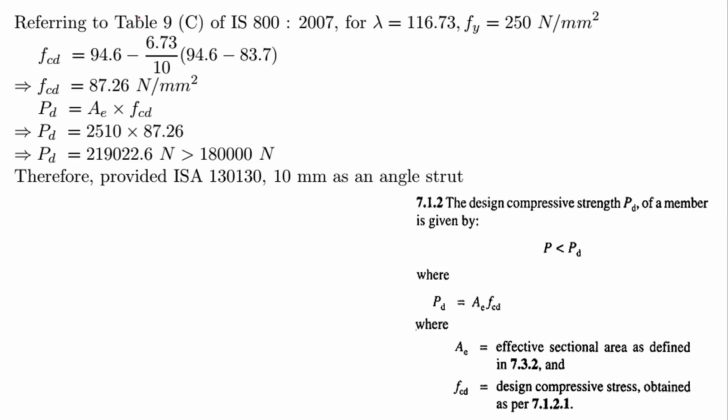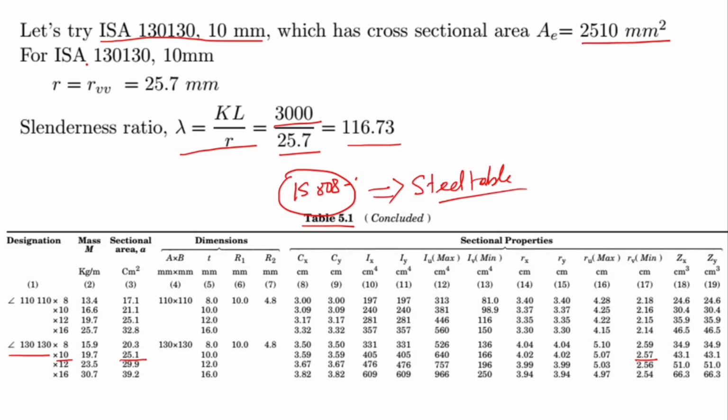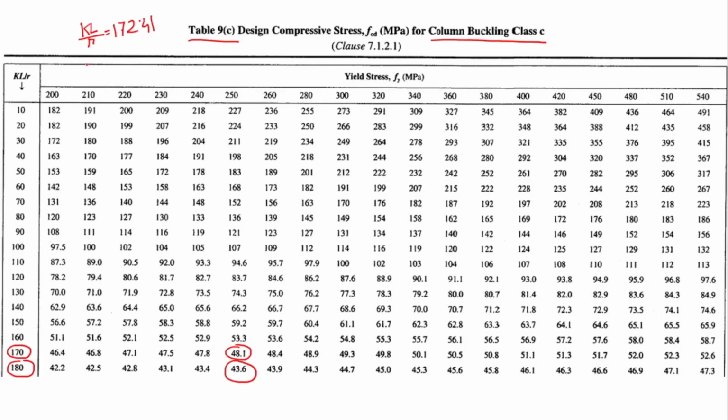Referring to table 9C of IS 800 2007, for lambda equal 116.73 and Fy equal 250 Newton per mm square, our lambda will be in between 110 and 120.